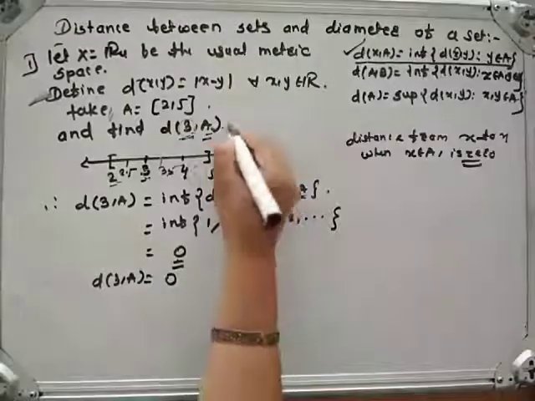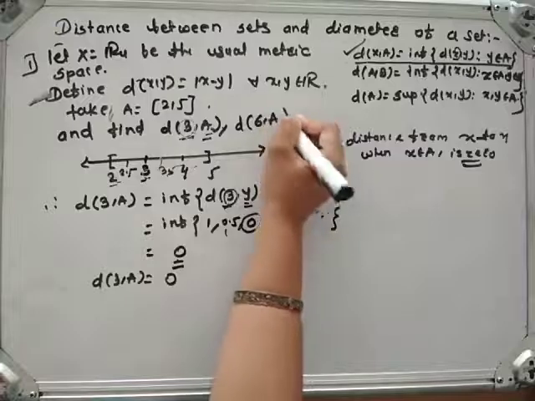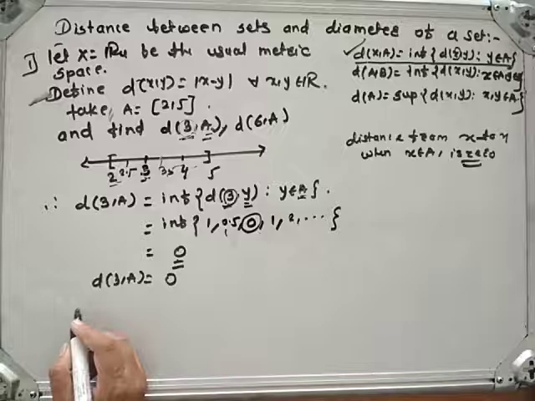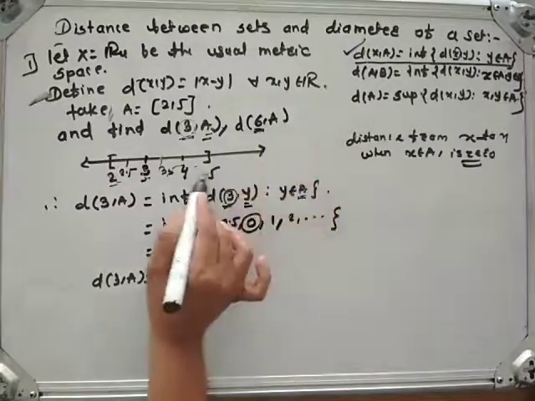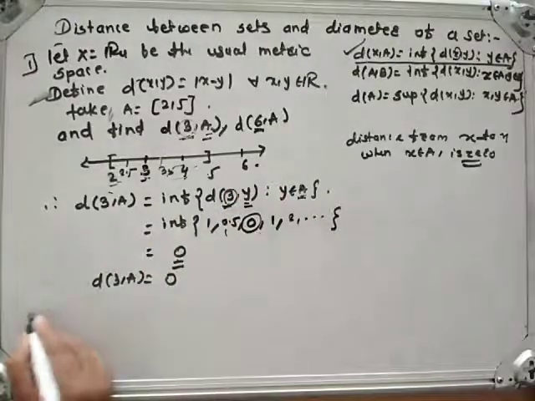Here I add one more question. Find d(6, A). It is also very simple. We have to find the distance of the point 6 from this set. Suppose here is 6.